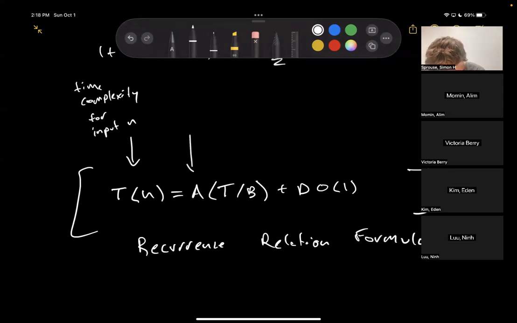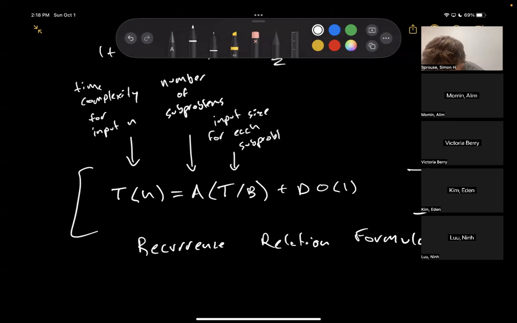This is going to be the number of subproblems. This is going to be the input size for each subproblem. And then this is going to be the time complexity for this step.